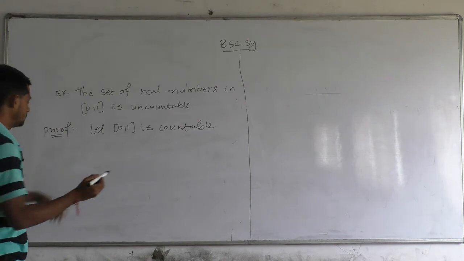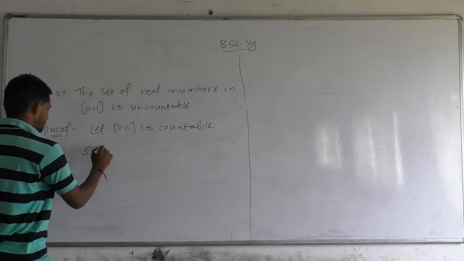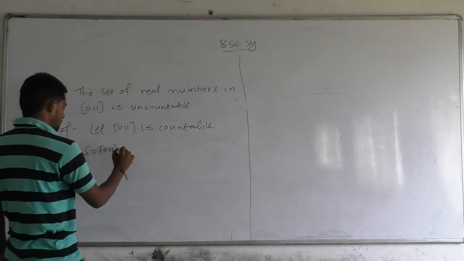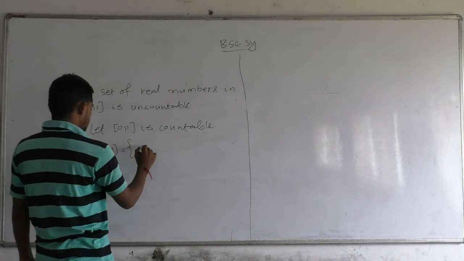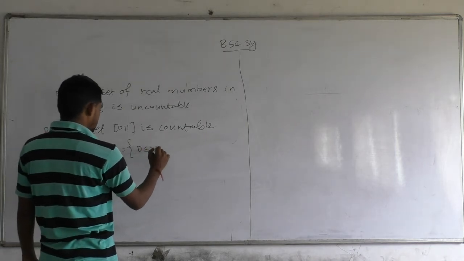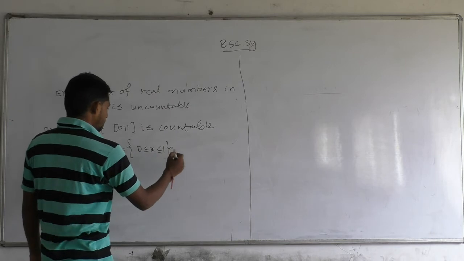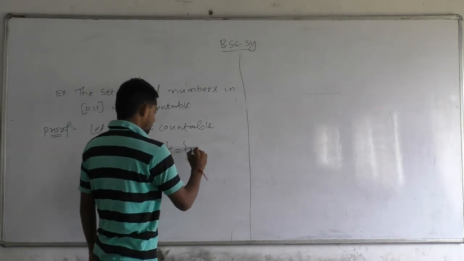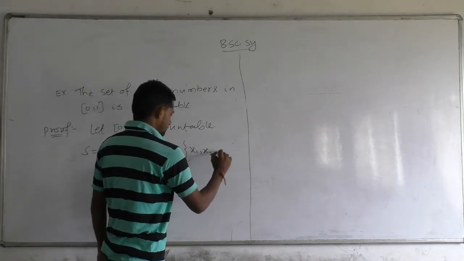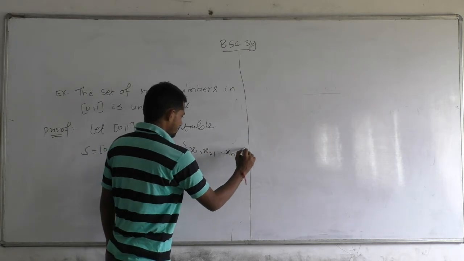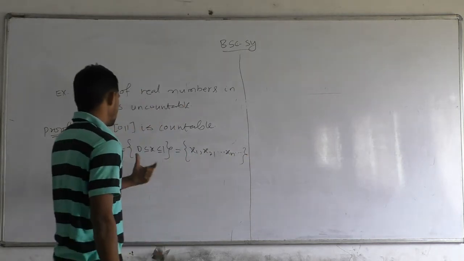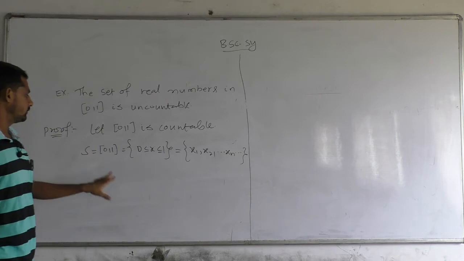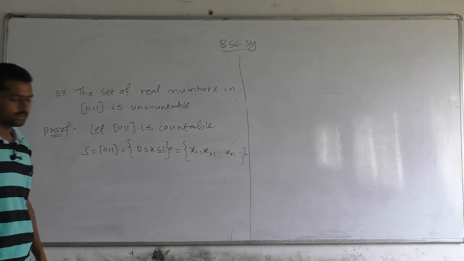So the set S, which is nothing but 0, 1, can be written as 0 less than or equal to x less than or equal to 1, which can be written as x1, x2, dot dot dot, xn, dot dot dot, because we have considered this set to be countable.